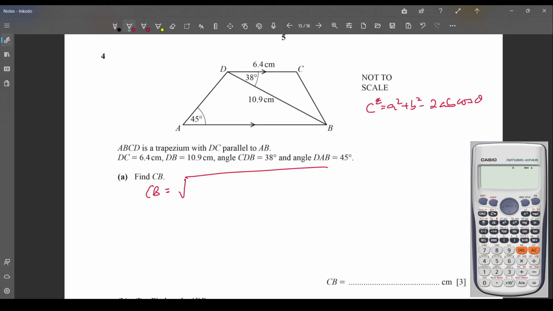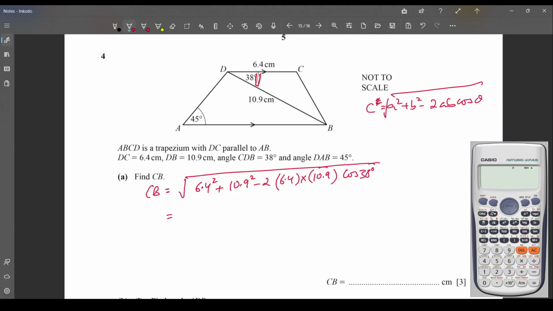CB equals the square root of a squared, which is 6.4 squared, plus b squared, which is 10.9 squared, minus 2 into a, 6.4, into b, 10.9, into cos of the angle between them, that is 38 degrees.